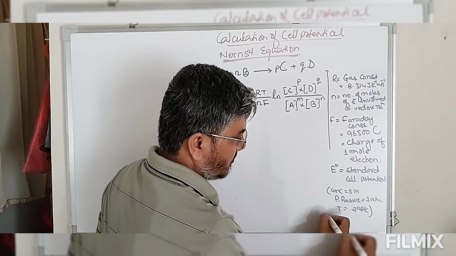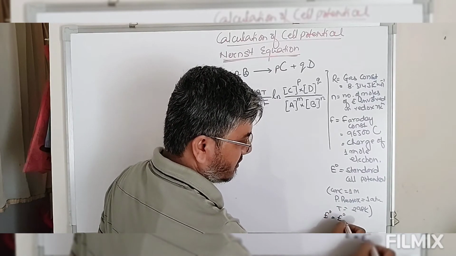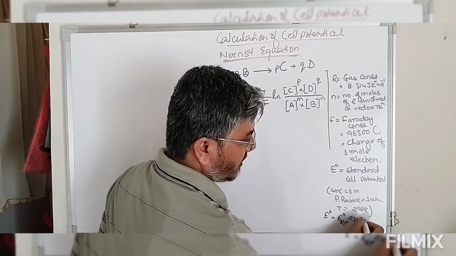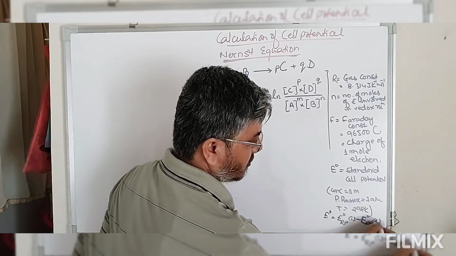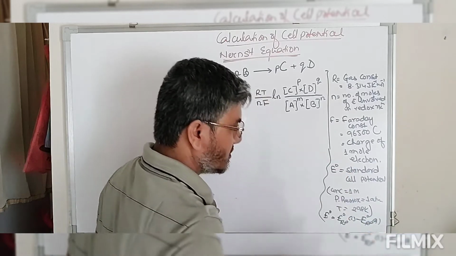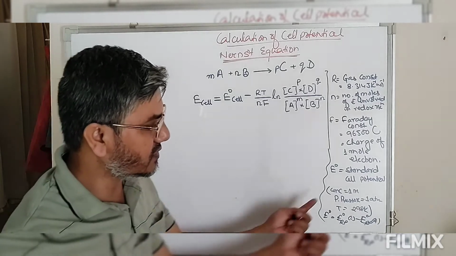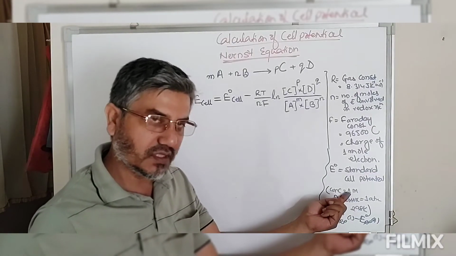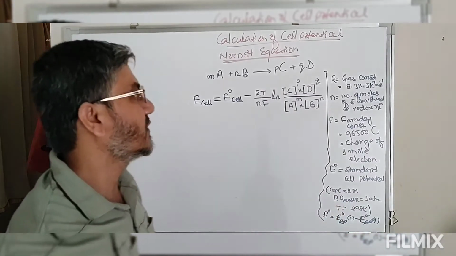This standard cell potential is also equal to the standard reduction potential of the cathode minus the standard reduction potential of the anode. This is the standard cell potential under standard condition: concentration 1 molar, pressure 1 atm, temperature 298 Kelvin.